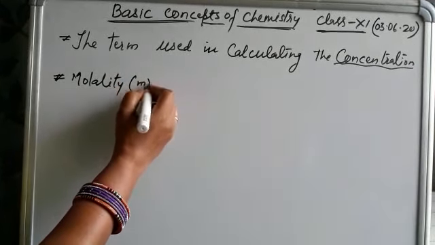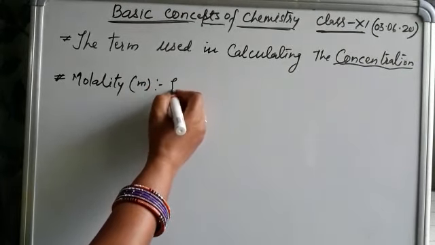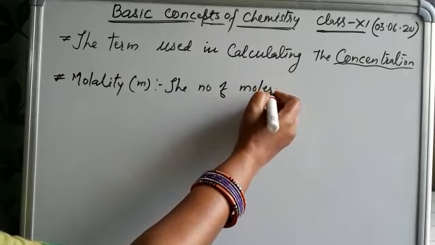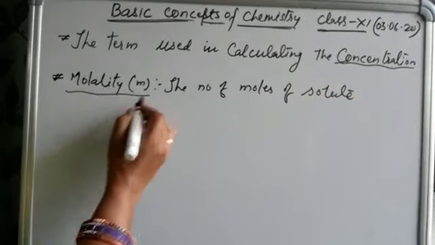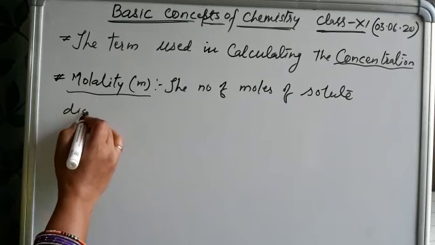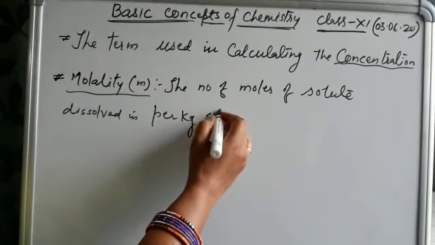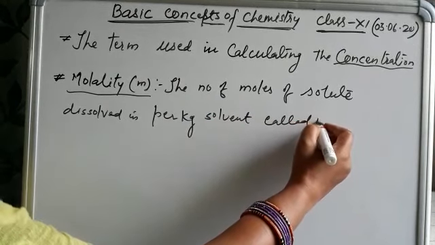Molality is symbolized by small m. Write down the definition: the number of moles of solute dissolved in per kg of solvent is called molality.